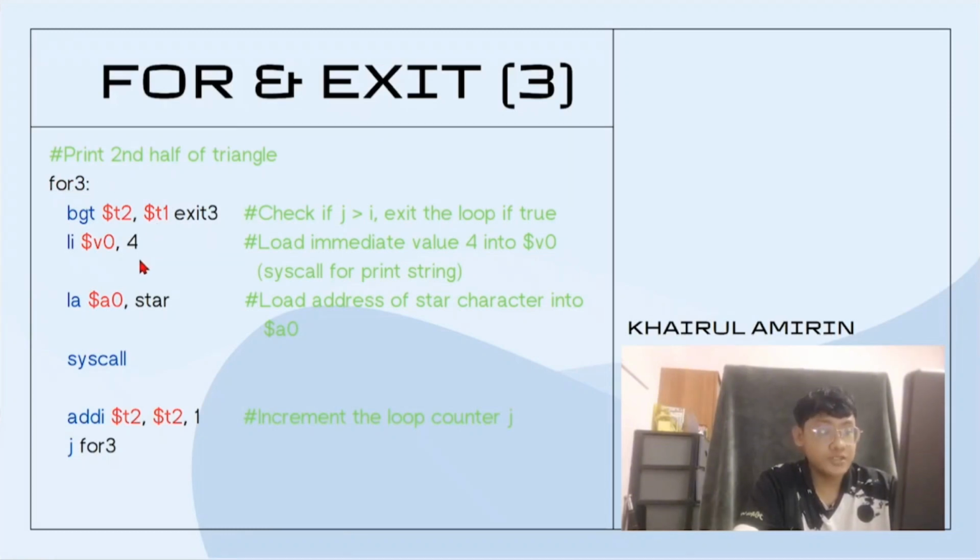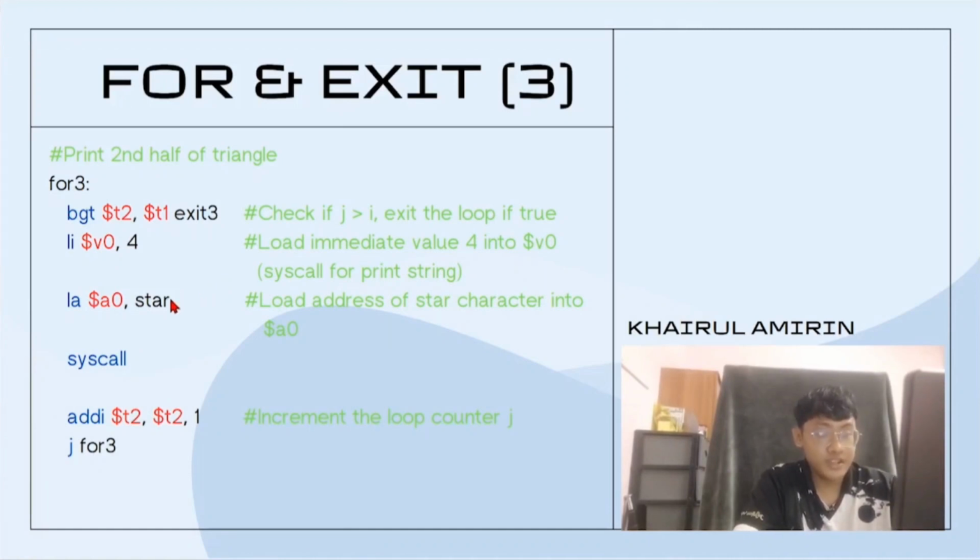So inside this for 3 loop, we use load address of the star into register A0. So it prints a star using a system call for print string and loads the address of the string star, which was already explained before, into A0.